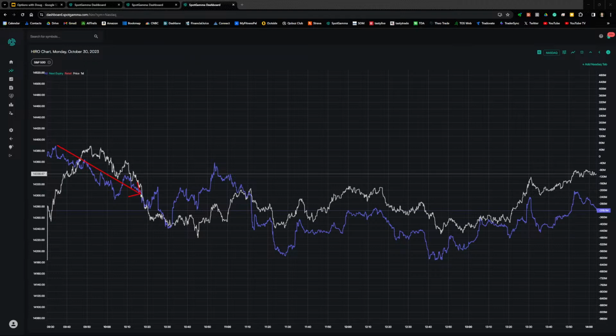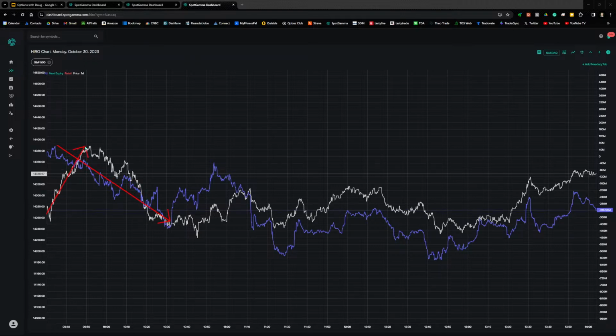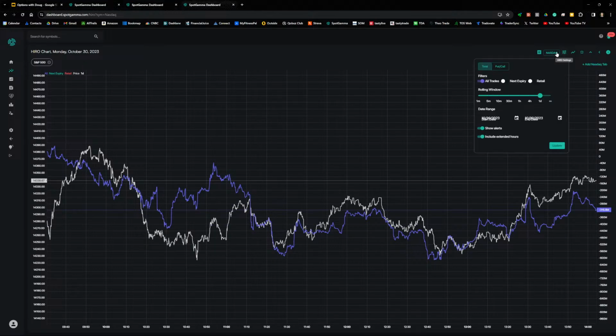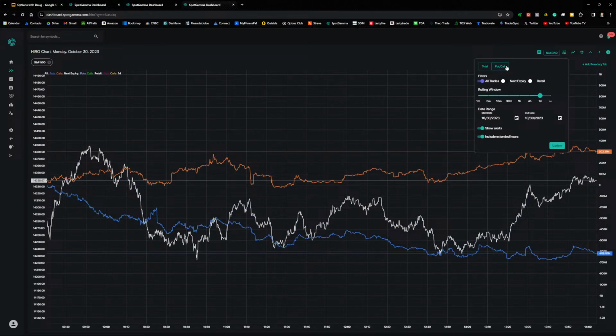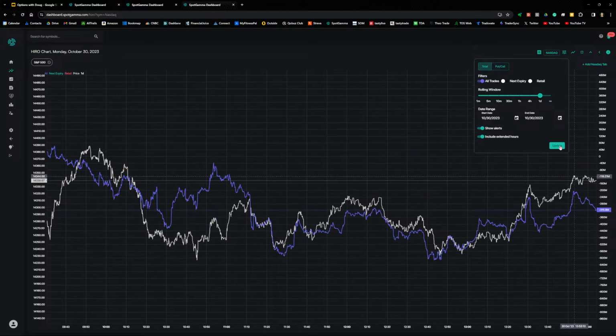Pretty much from the open, traders were taking negative delta positions as price was increasing, and then price responded lower as traders were taking negative delta positions. And just like the S&P 500, they were buying puts, shown by the falling blue line.